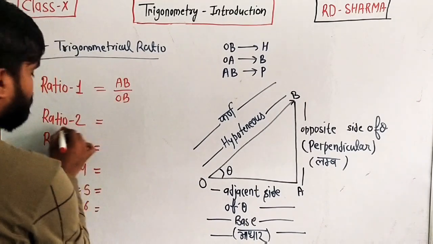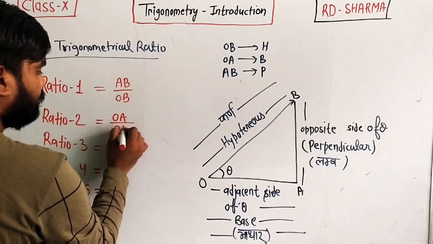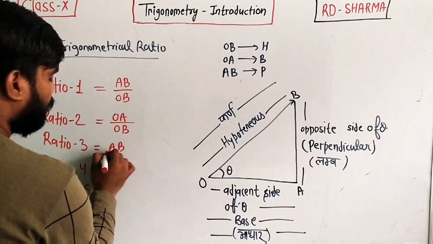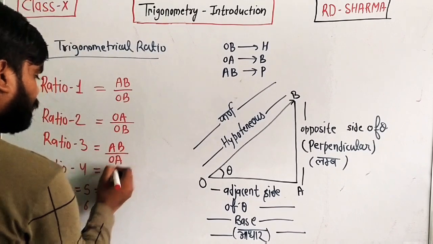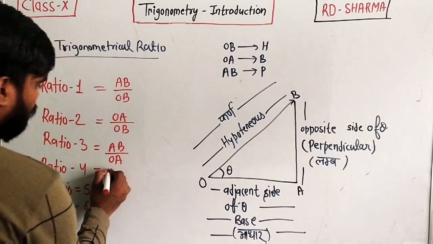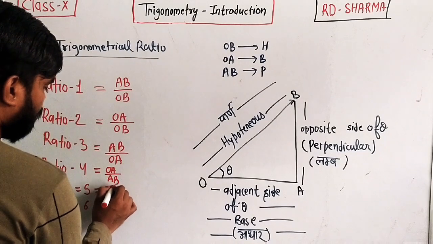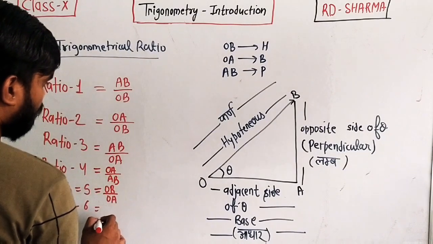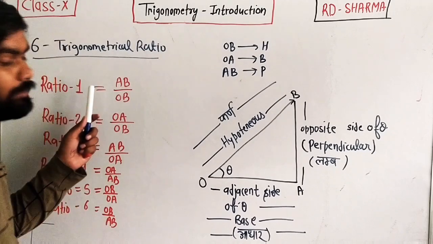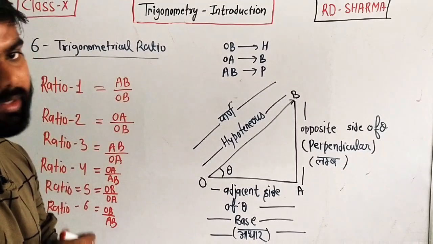Ratio second is OA upon OB. Ratio third is AB upon OA, and these other three are the reciprocals of these, which means OA upon AB, OB upon OA and OB upon AB. Basically these six are the trigonometrical ratios of this chapter.